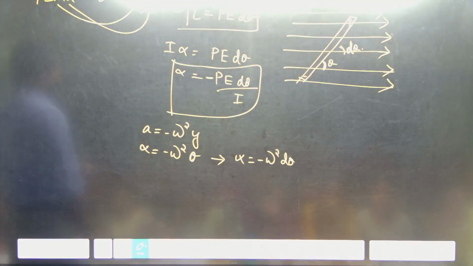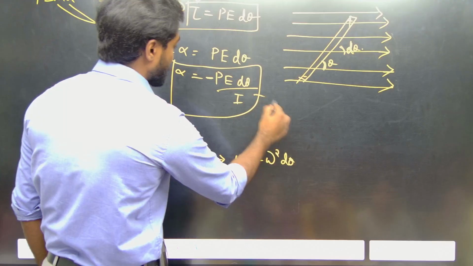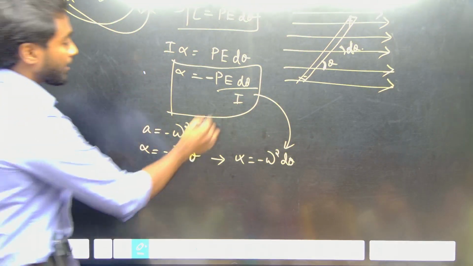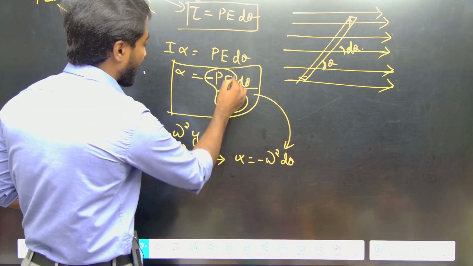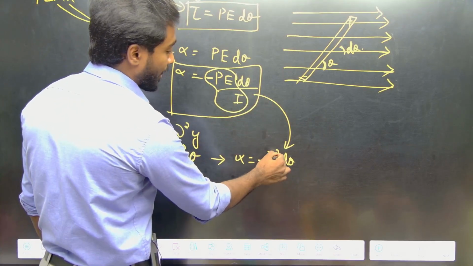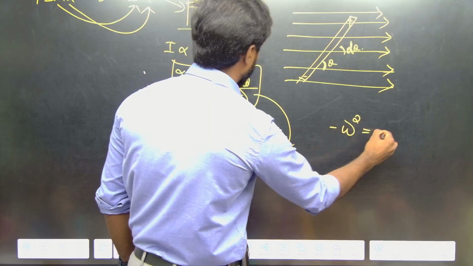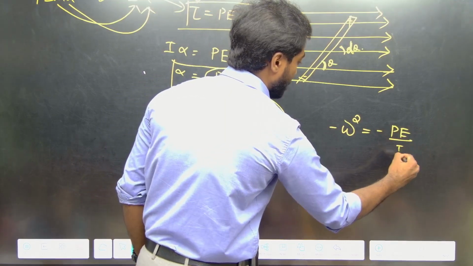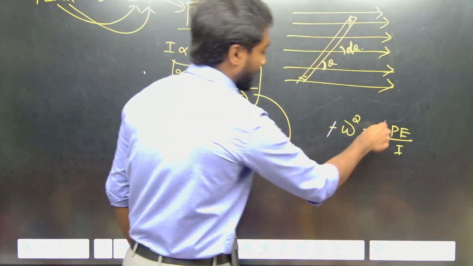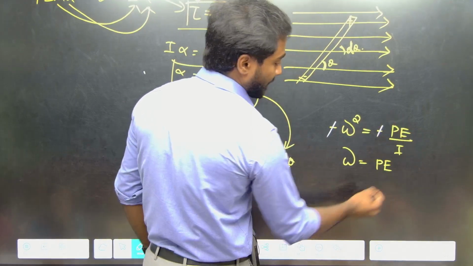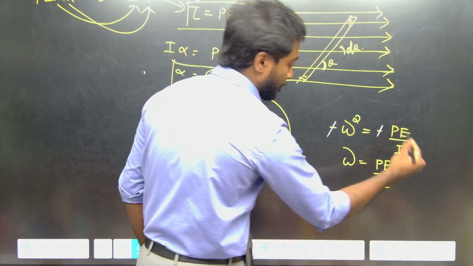Can I compare these two things now? Alpha on the left-hand side, minus PE by I into theta, so minus omega square into d theta. Minus and minus get cancelled, so omega will be equal to the square root of dipole moment into electric field by moment of inertia.